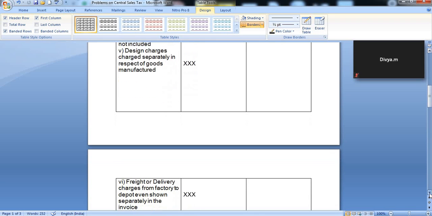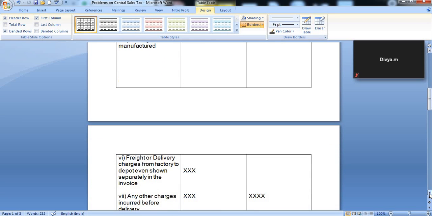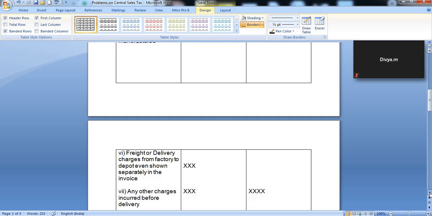Okay, then freight or delivery charges from factory to depot, even if shown separately in the invoice. Freight or delivery means from the seller's factory to the depot, from where it is being transported to the buyer's depot, that will be added even if it is shown separately in the invoice.